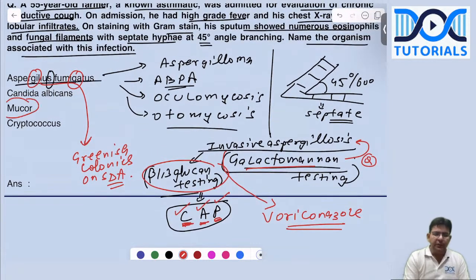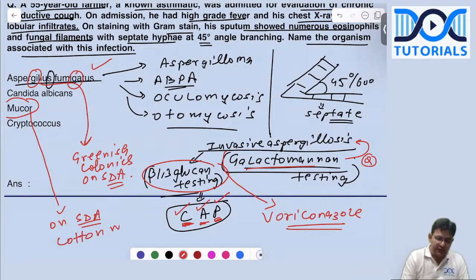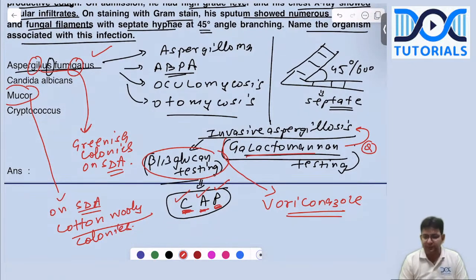And if we talk about mucor here itself, the mucor colonies on SDA, if somebody asks, what are they? Cotton woolly. Okay, this question came. Cotton woolly colonies is a feature of which particular fungus? Answer is mucor.